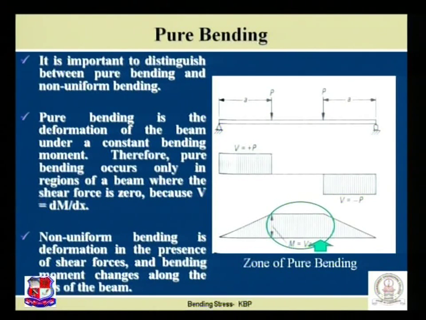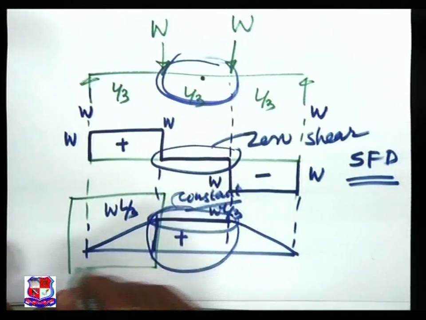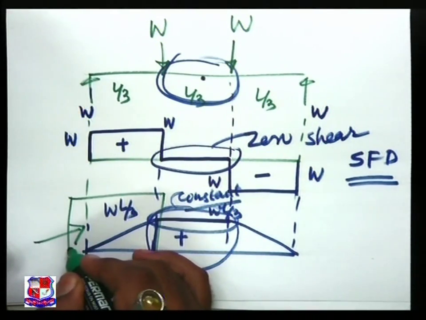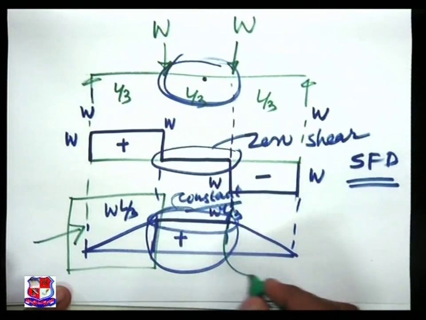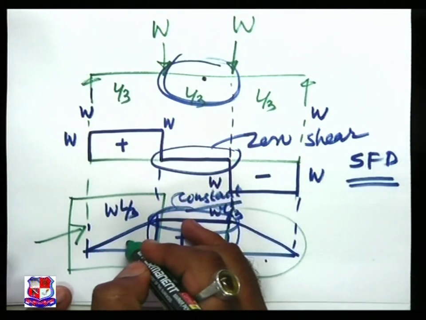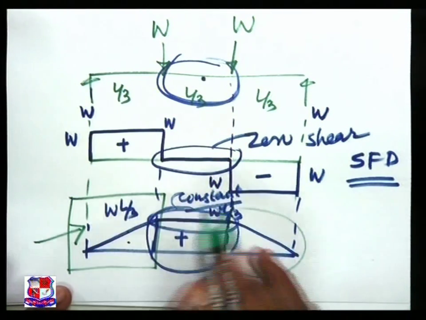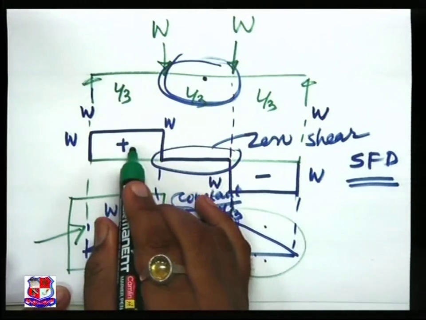If we take the tabletop, these portions are under non-uniform bending, because bending in these regions is because of bending moment as well as shear force.